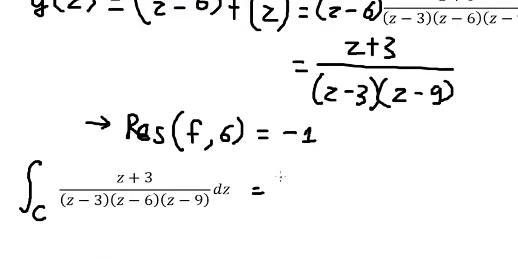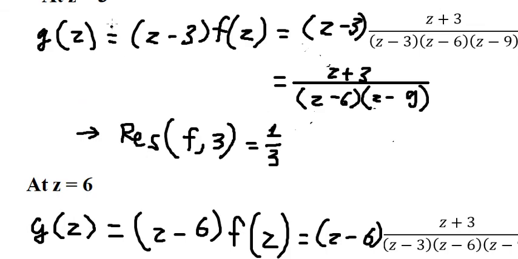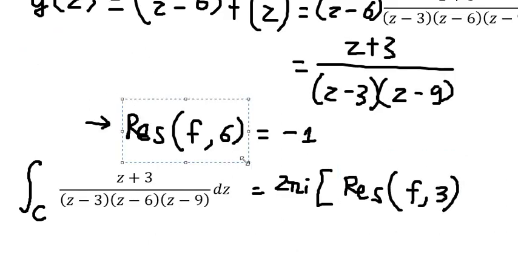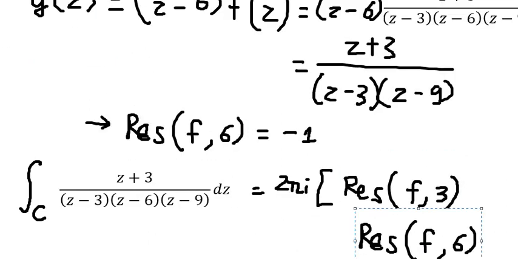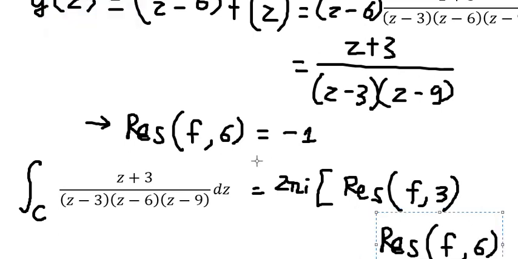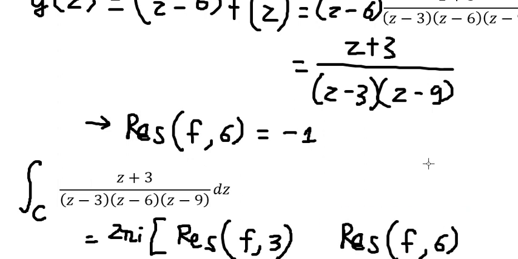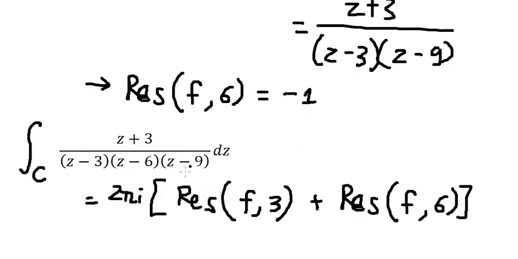That is 2 pi i. We multiply this by this residue plus this one. So we have 2 pi i.